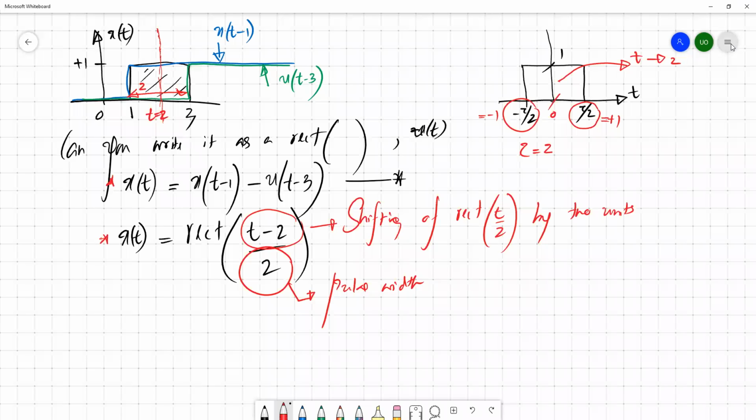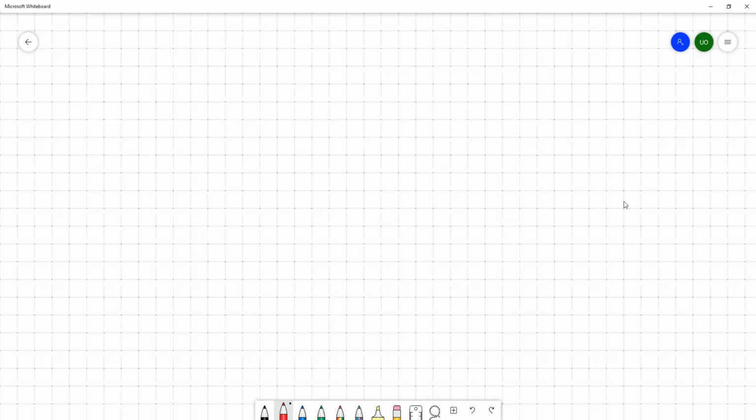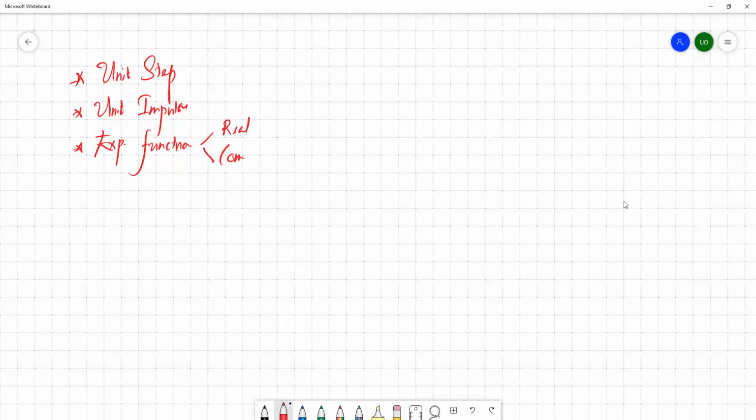So we discussed a couple of functions: the unit step, the unit impulse, the exponential function, real or complex, and the rectangular function.